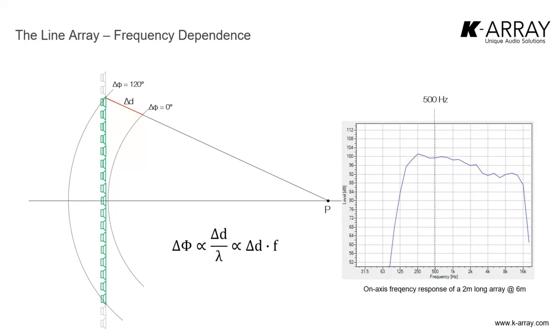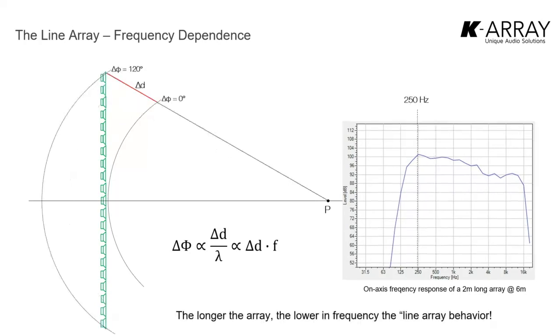The real problem here is that now, if I go even lower in frequency, so I consider, for example, the 250 Hz in this example, the wavelength is so long that all the buffers available in my cluster are already contributing to the energy at my location. Meaning that even if I'm still pretty close to the array, I'm already above the critical distance. I mean, the array is already behaving like a point source at this frequency.